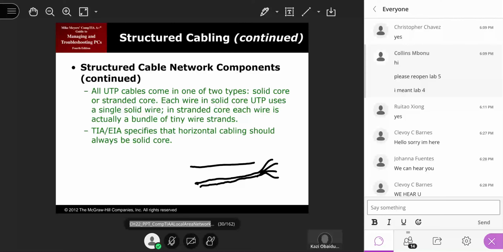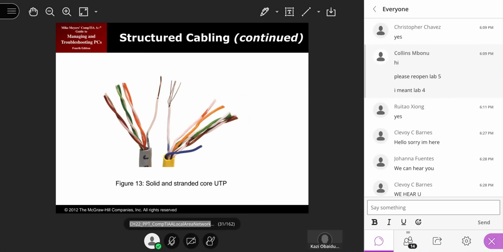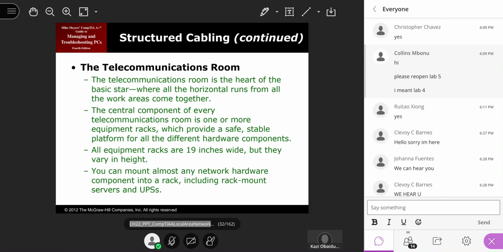It looks like one, but when you remove the cover, then you can see many cables. Look here, only one cable here. Solid and standard core UTP. Only one cable here. And here, look, inside is one, two, three, four, many, right? Many cables. So we should know their uses.